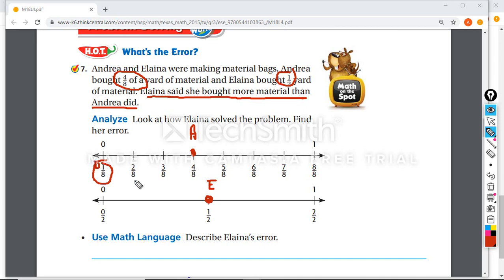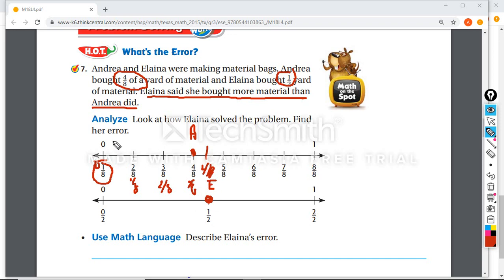And this should be 1/8. This should be 2/8. This should be 3/8. And 4/8 should be right here. So no, Elena did not buy more material than Andrea. They both bought the same amount.